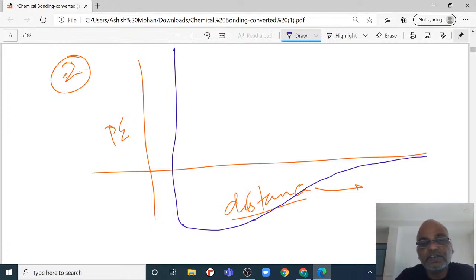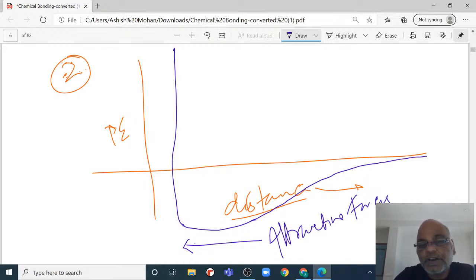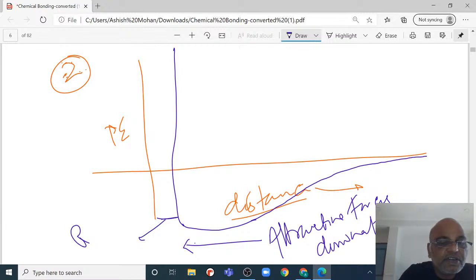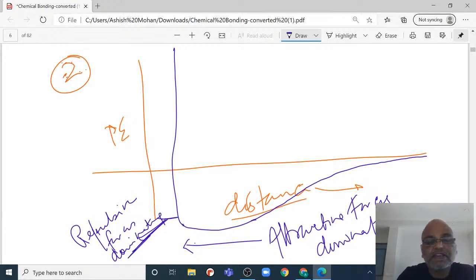Up to this distance, attractive forces are dominating, and from this onward, repulsive forces are dominating, so there is a sudden uprise.